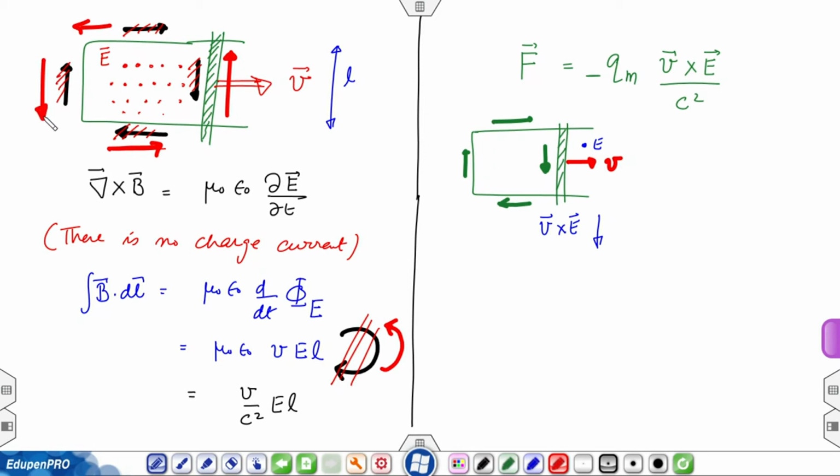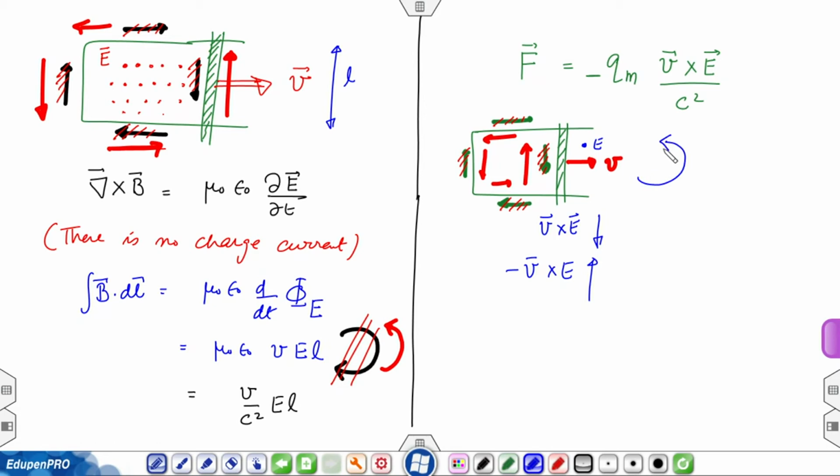So, here too the current is counterclockwise, and that minus V cross E is going to be pointing up. So, this will make the current go counterclockwise.